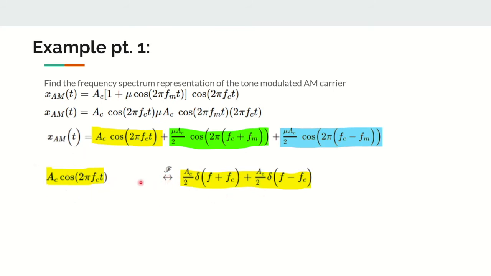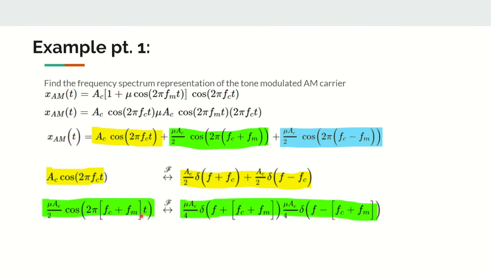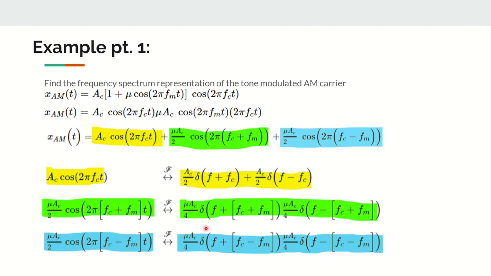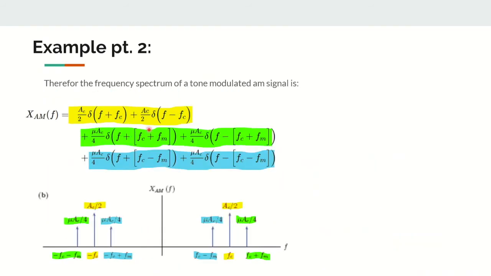So this is the Fourier transform of the carrier. This is the Fourier transform of the upper and the lower sidebands. Once we copy this over here, we will see our frequency domain response here. So this will be our upper sideband, our lower sideband, and our carrier here.